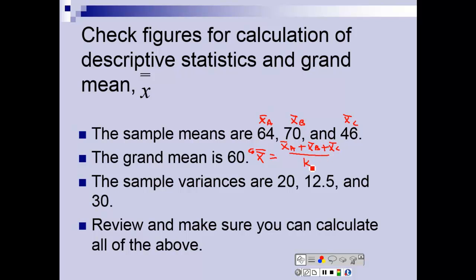So I'm just taking those 3 numbers, 64, 70, and 66, and that's going to come out to be 60. If you just took all 15 numbers and computed the mean of them, it'd be the same thing. It's the mean of the whole data set. Since we have the 3 sample means anyway, we're just going to take the average of those 3 means.